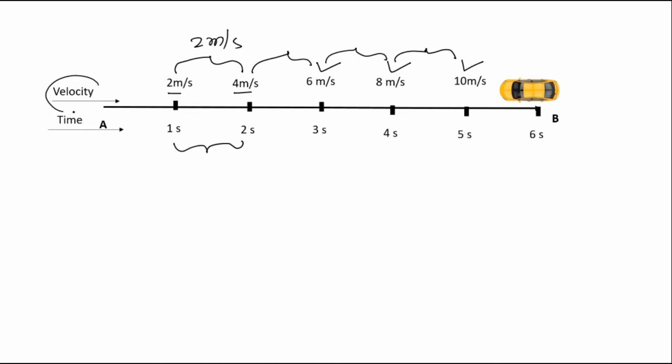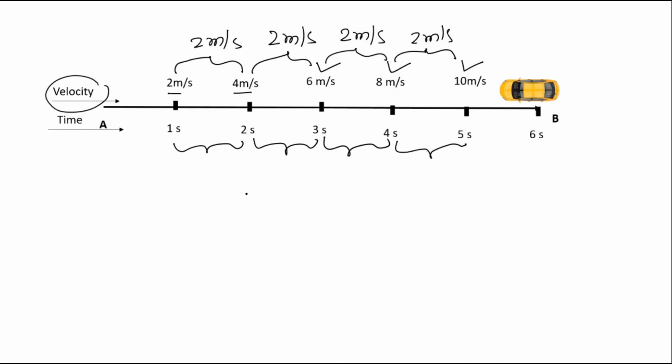Change in velocity. Now how much is the change in velocity between 2 second and 3 second? 2 meter per second. And then 3 second and 4 second, 2 meter per second. 4 second and 5 second, 2 meter per second. And so on. Right? So is there any acceleration here?